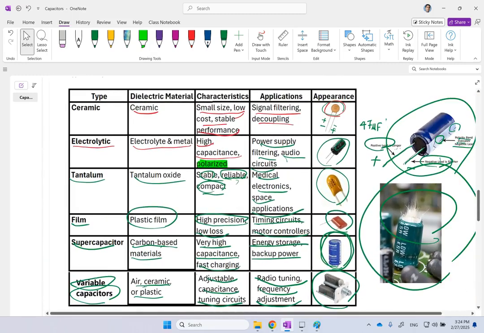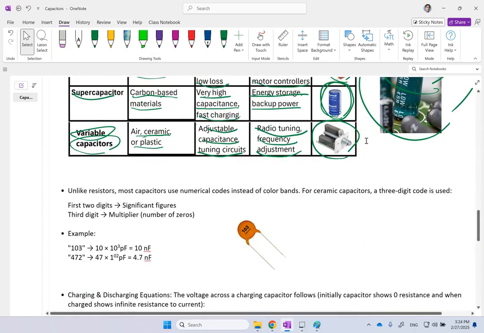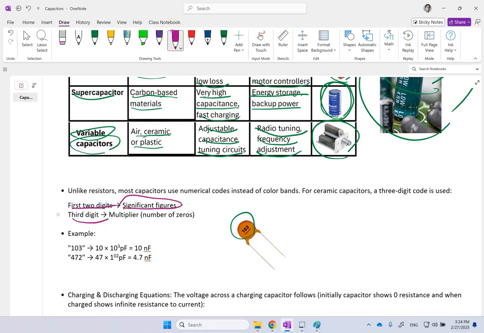For some of them, you're not going to see a direct number, but you're going to see something like a 3-digit number, where the first two numbers are the significant figures, and the third one is the power of 10. So if I see 103, that doesn't mean 103 microfarad or nanofarad or anything. What does it mean?